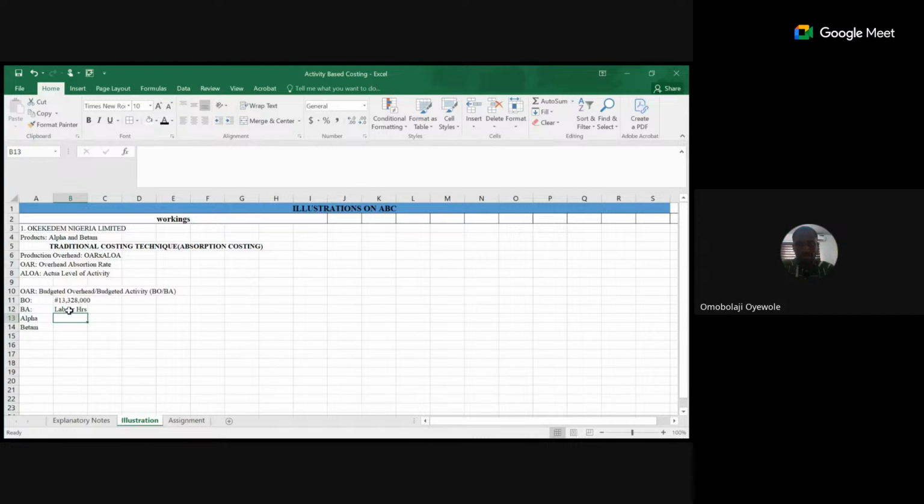If the labor hours per unit is 20 for Alpha, how do I get the total? It will be 20 multiplied by the number of units. What's the number of units for Alpha? 120,000.